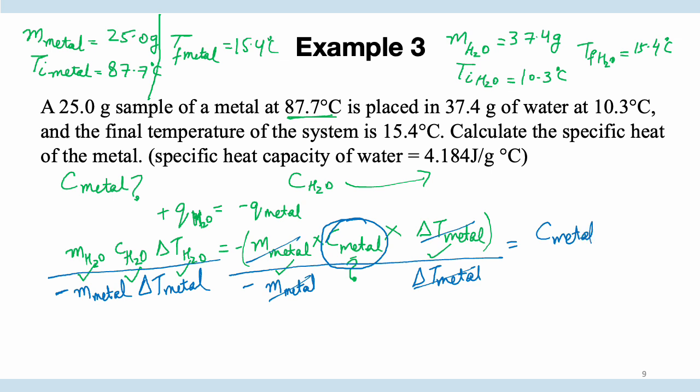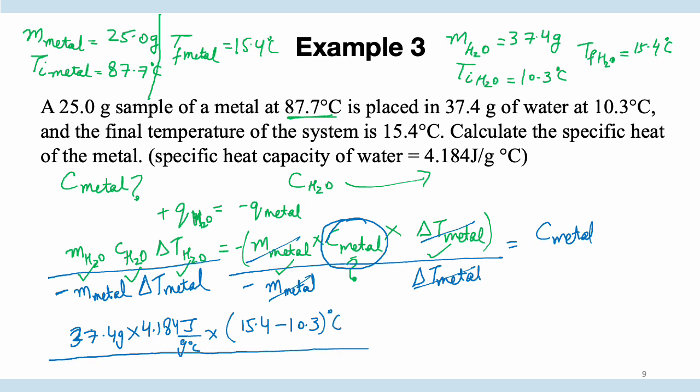So now I need to plug in all the numbers here. Okay, what is mass of water? Mass of water is 37.4 grams times 4.184 joules per gram degree Celsius times delta T of water, 15 final minus initial, 10.3, everything degree Celsius, divided by, there's a negative sign, so that means everything's negative here.